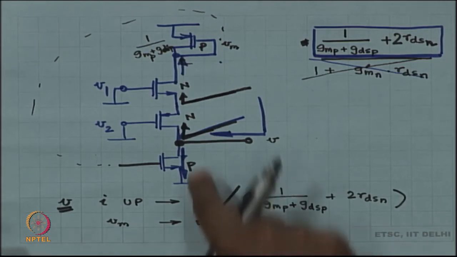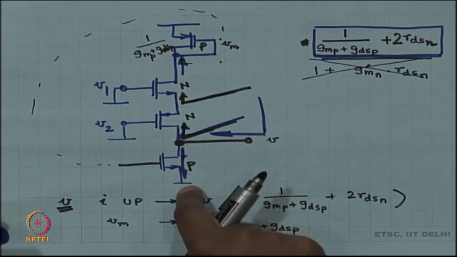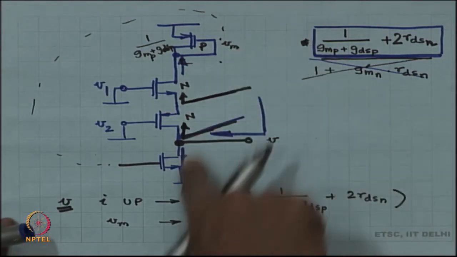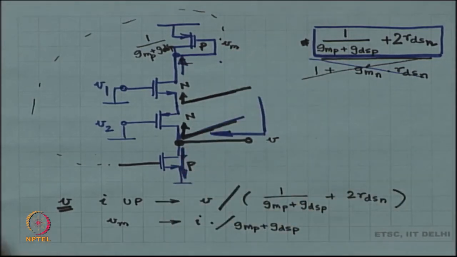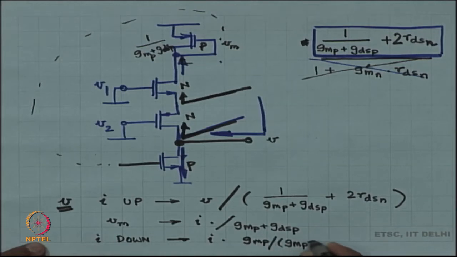So, the current coming downwards is going to be that voltage times GMP. Fine.